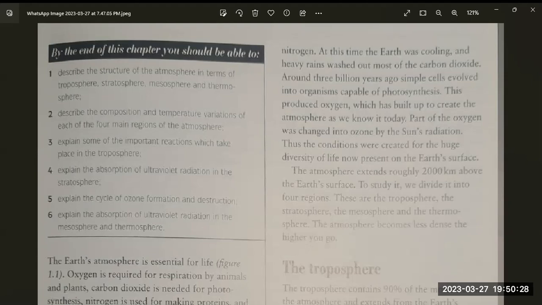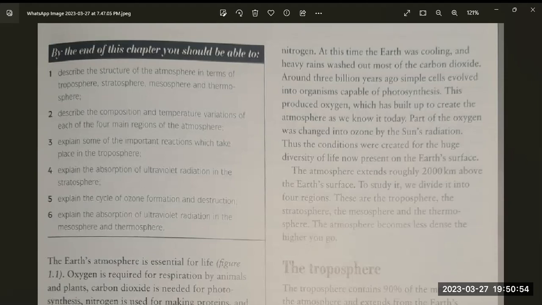So we're going to be looking closely at those. We're also going to describe the composition and temperature variations of each of the 4 major regions of the atmosphere. There are other regions that are going to be important to us.